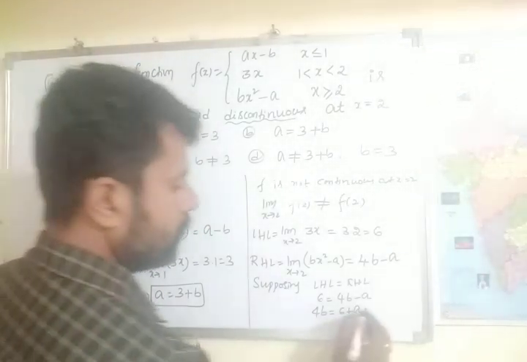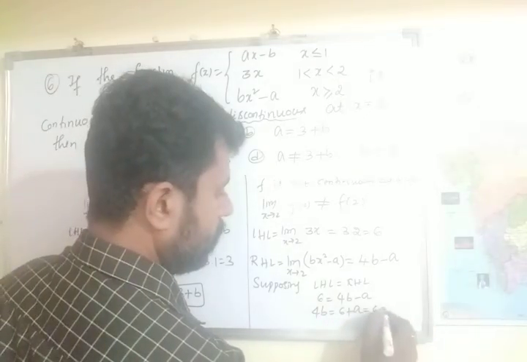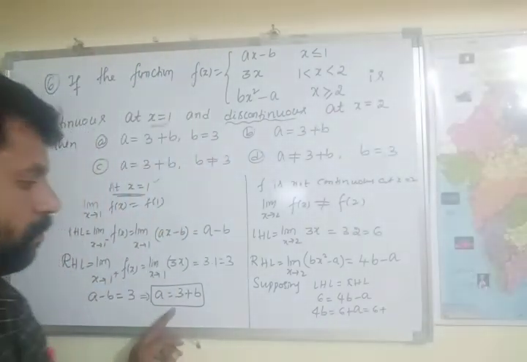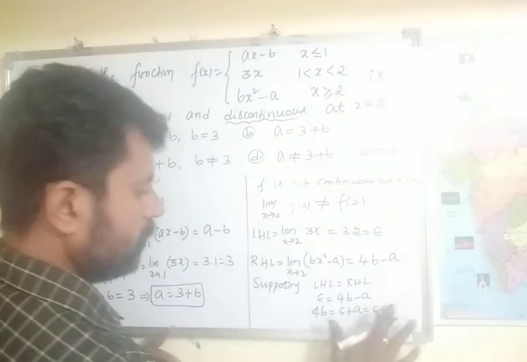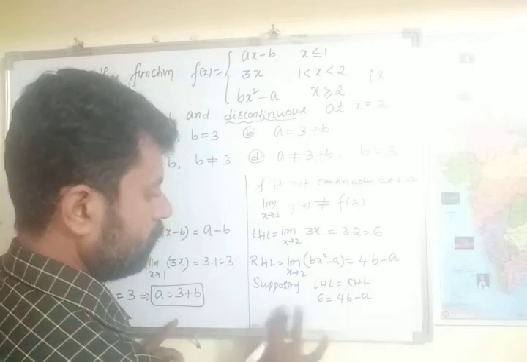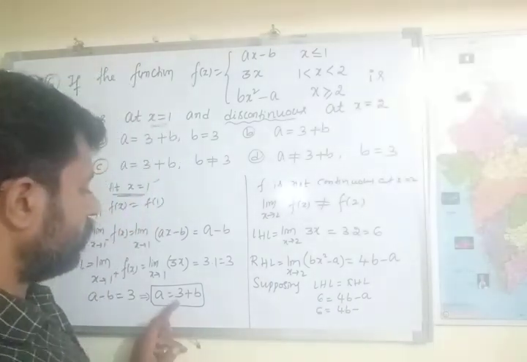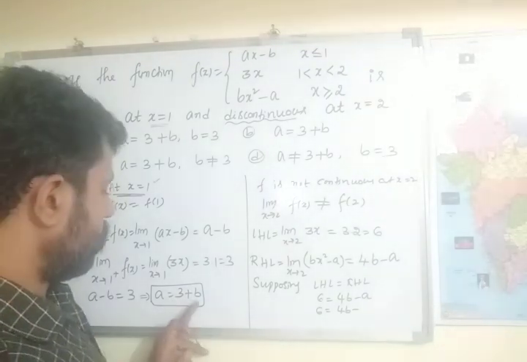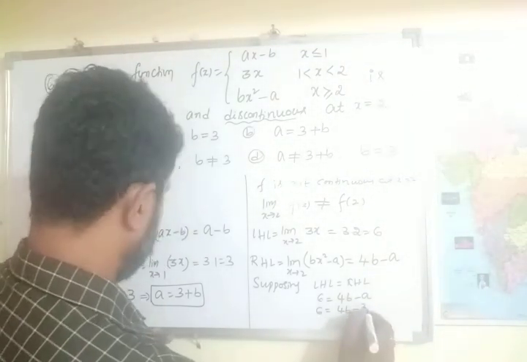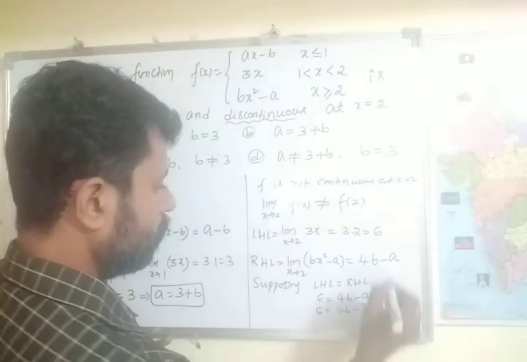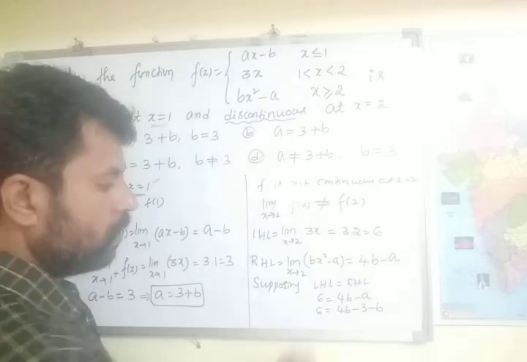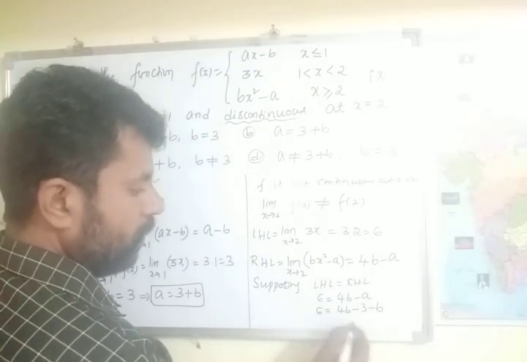Substituting, 6 is equal to 4b minus a, where a is 3 plus b, so 4b minus 3 minus b. Then 4b minus b is 3b.